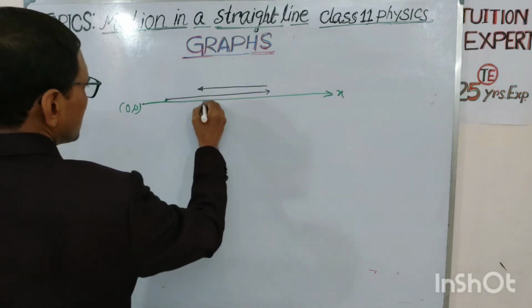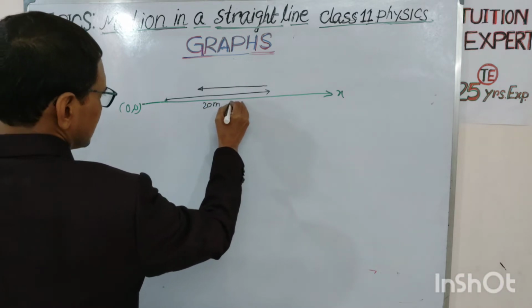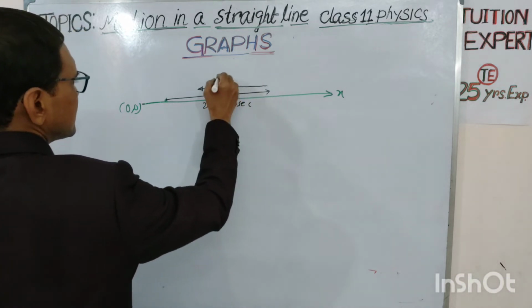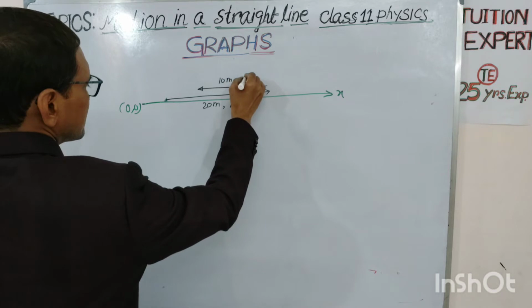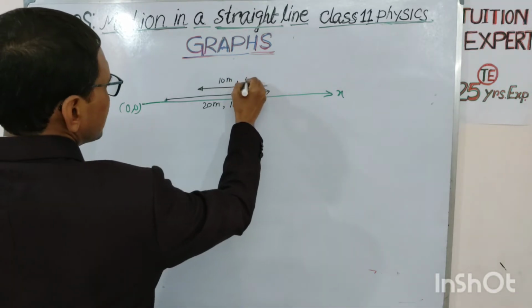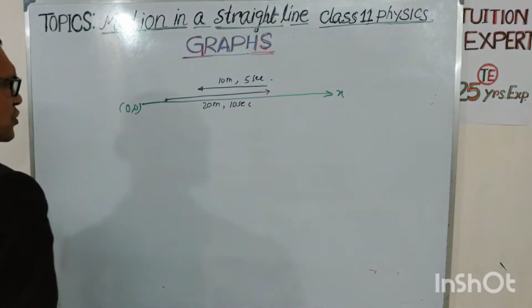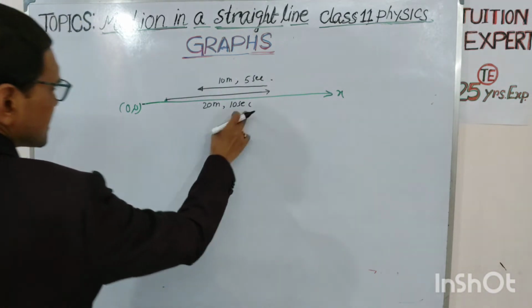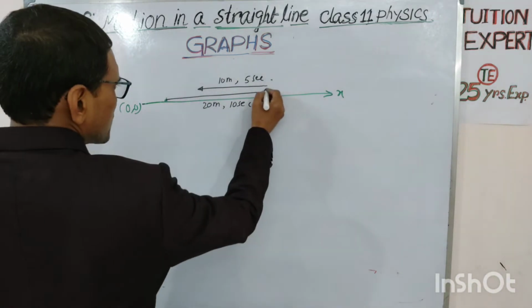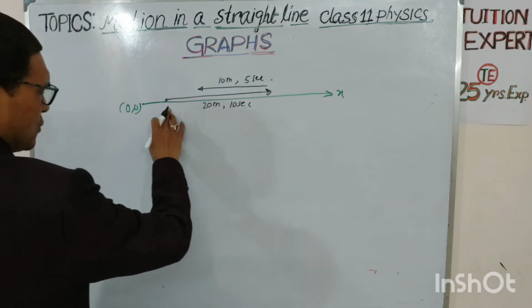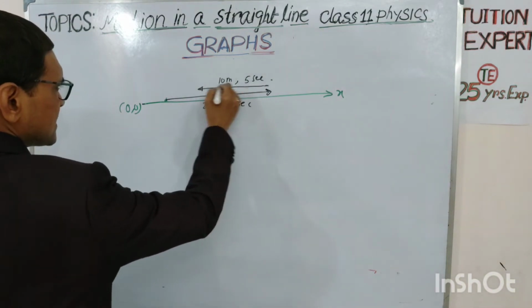Suppose this is 20 meters in 10 seconds, and this is 10 meters in 5 seconds. Distance by time is 2 here and 2 here, so the body moves with uniform velocity. Here it reverses direction.